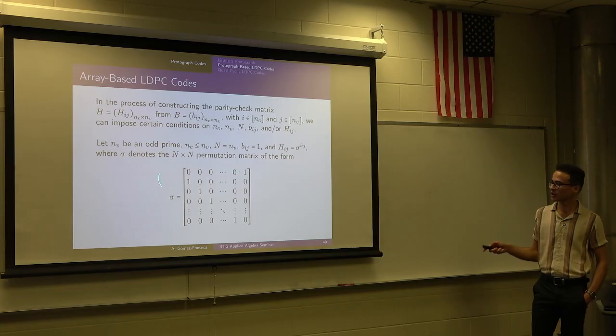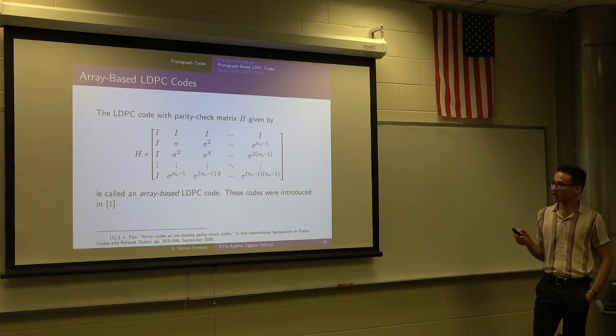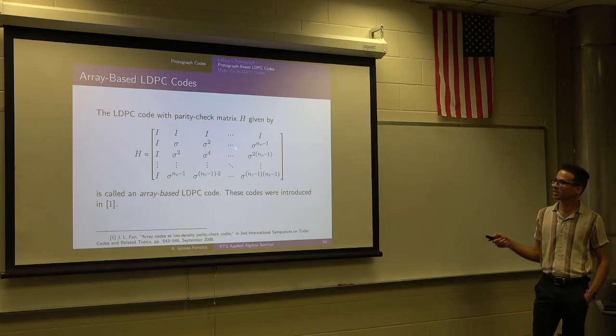Okay, so now we're going to take powers of this matrix sigma. There's a family of codes called array-based LDPC codes that has a parity check matrix defined in this way. You have a row of identity matrices, a column of identity matrices here, and then you have sigma, sigma square, sigma cube, up to sigma to the NV minus 1.